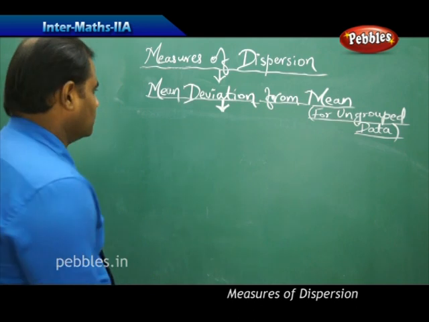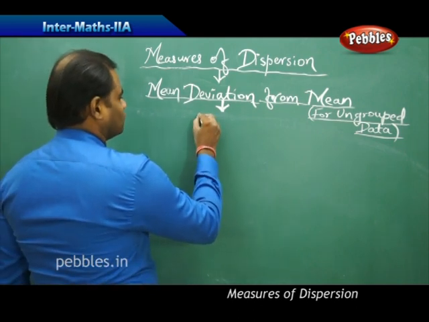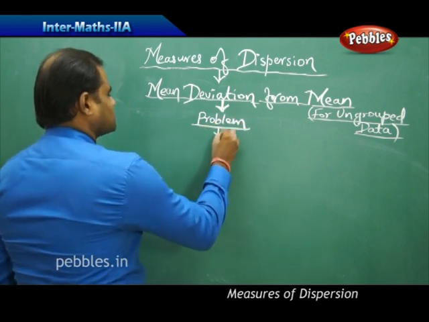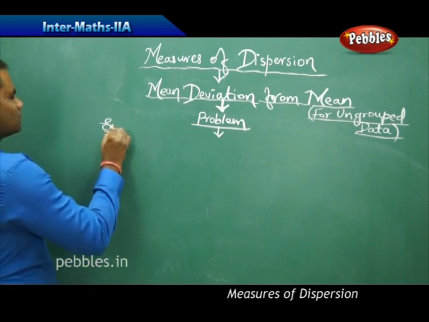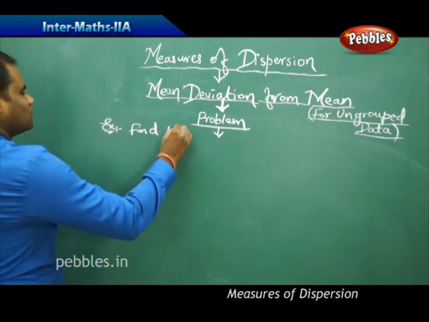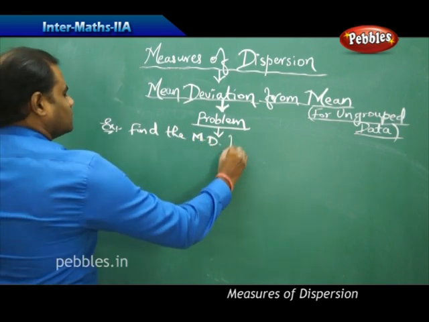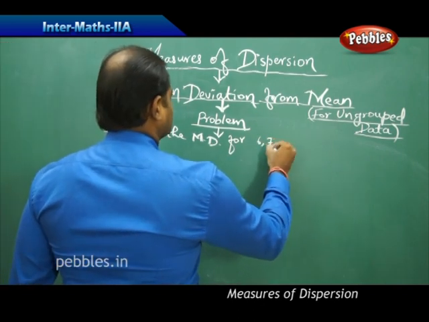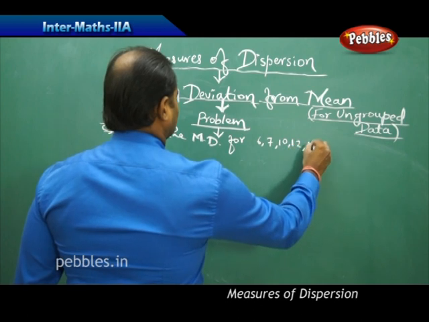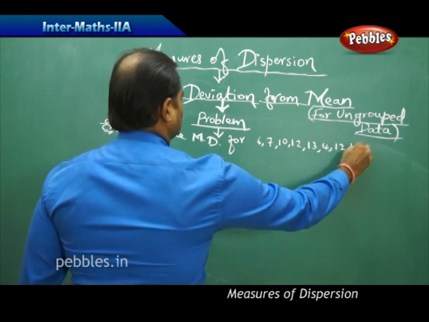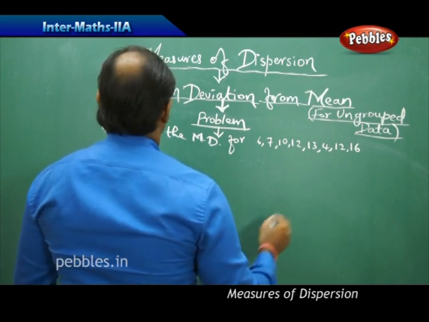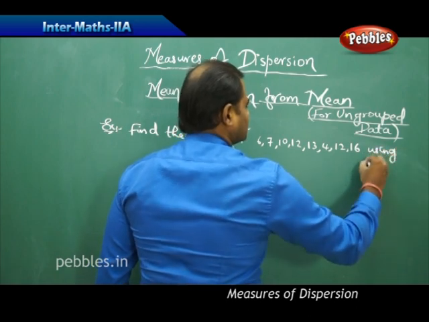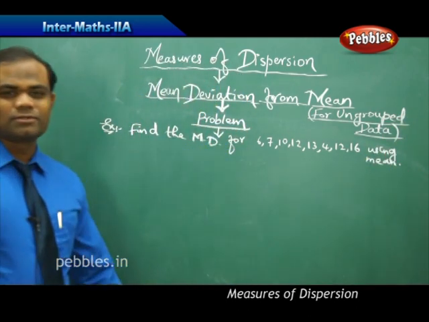Now let's take a problem in finding the mean deviation from mean for ungrouped data. Say we want to find the mean deviation for the data 6, 7, 10, 12, 13, 4, 12 and 16, using the mean. So I use the formula as discussed.